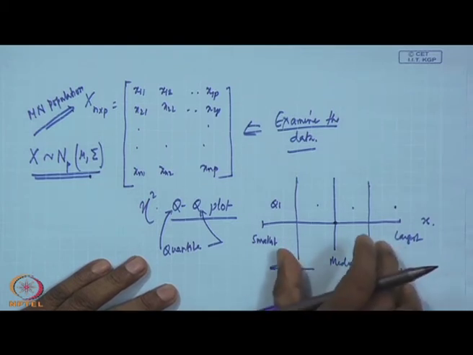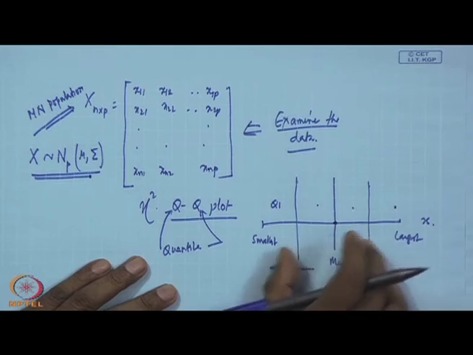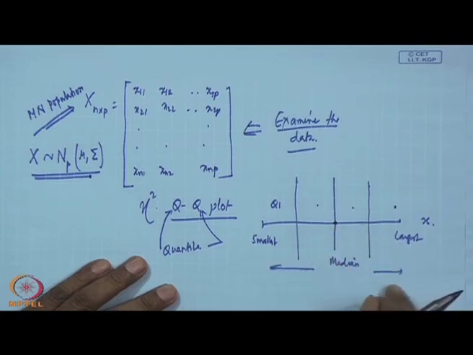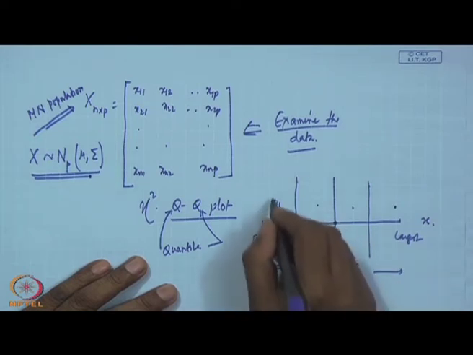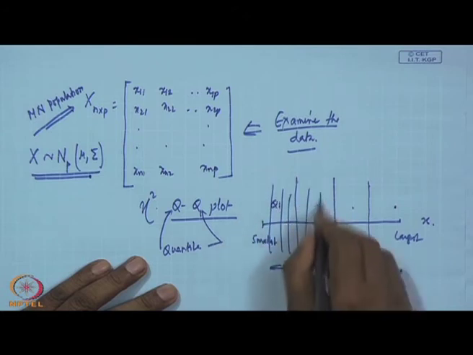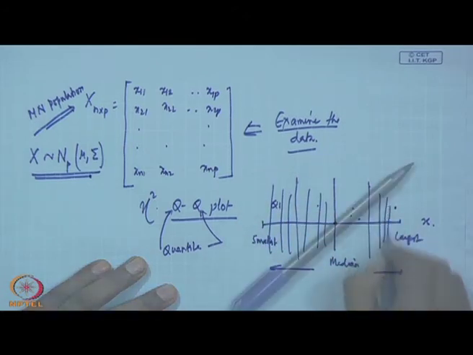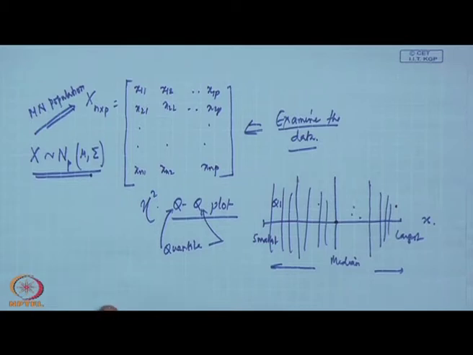Now, you partition into 100 parts. What will happen? That is percentile. So, median, then quartile, then percentile.